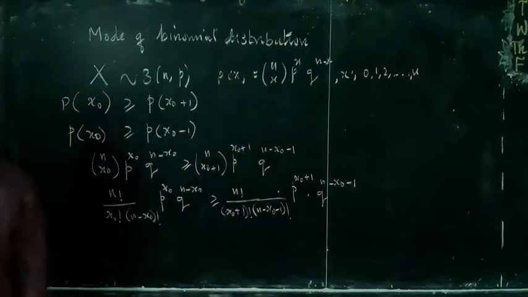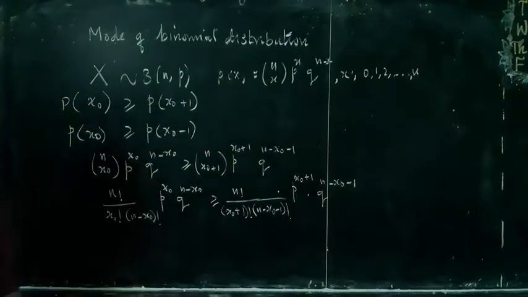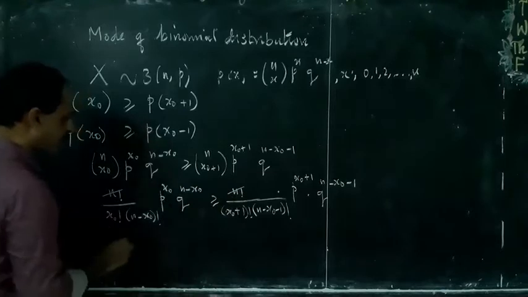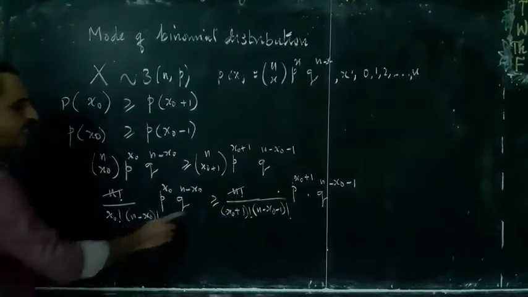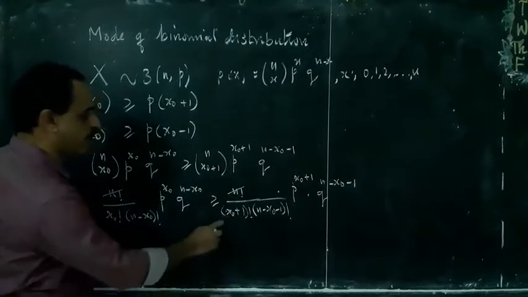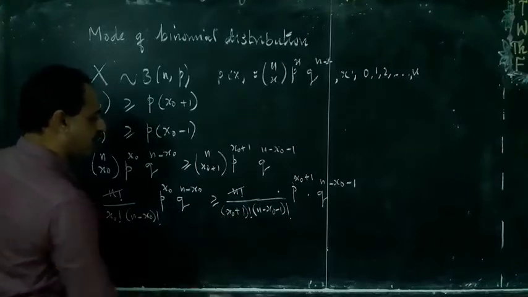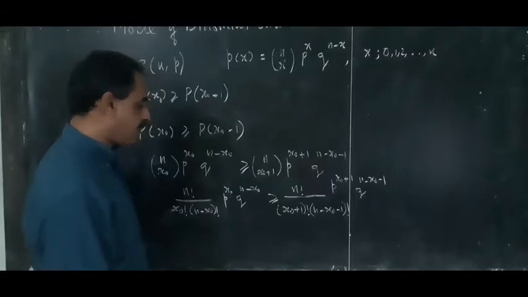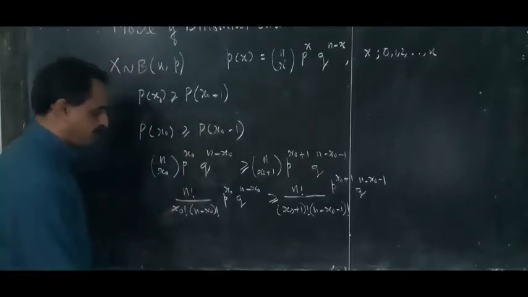We can see a lot of similar terms on both sides of this inequality. So we can cancel those similar terms. That is, n factorials cancel. Now x0 factorial on the left side, on the right side we have x0 plus 1 factorial. So the extra term x0 plus 1 will be in the right side. The remaining terms can be written in the next step.